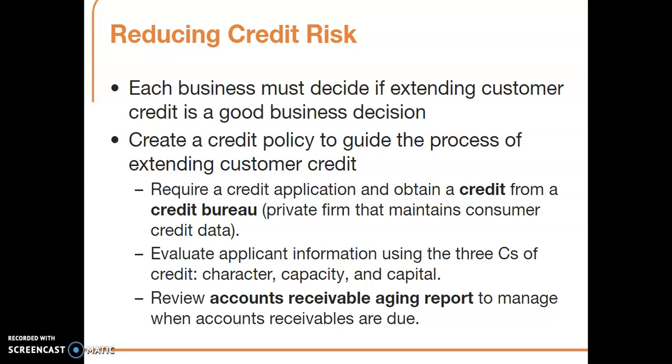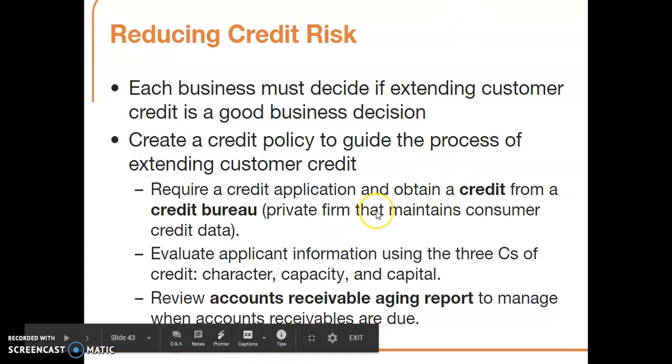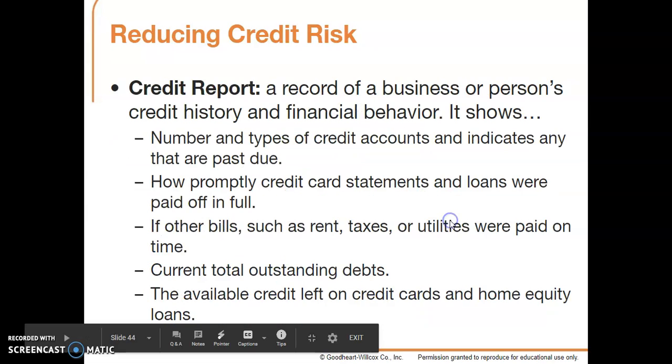I'm going to talk about that a little bit more in a minute. You can evaluate applicant information using the 3 C's of credit, which are character, capacity, and capital. So character, are they going to pay it back? Capacity, are they able to pay it back? And capital, do they have the money that they can pay it back? And also review accounts receivable aging reports to manage when accounts receivables are due.